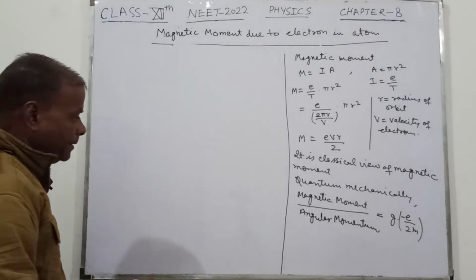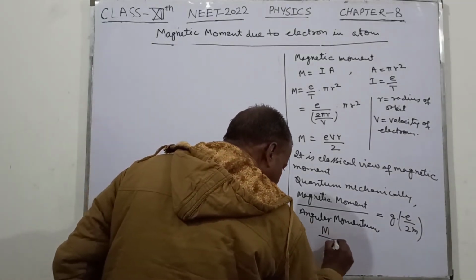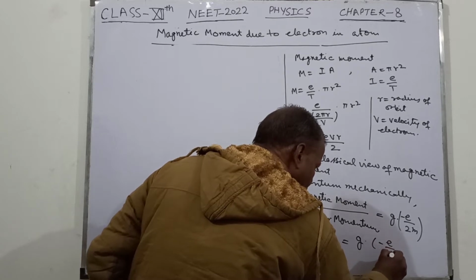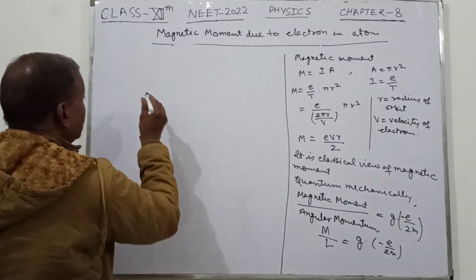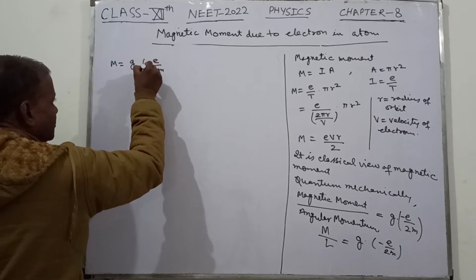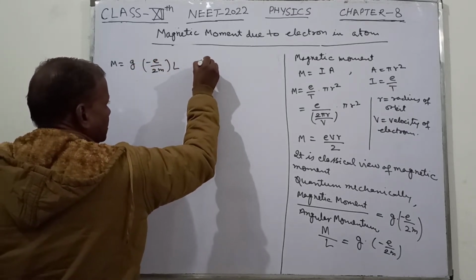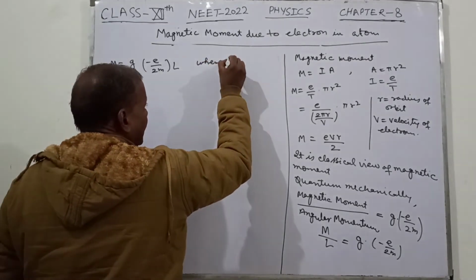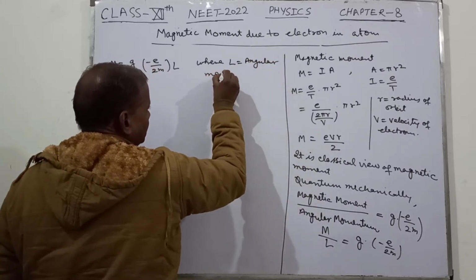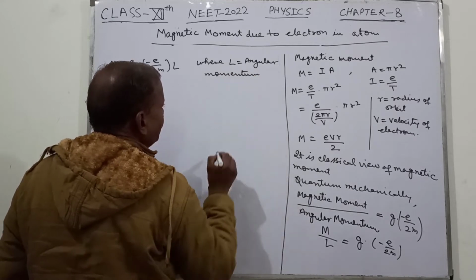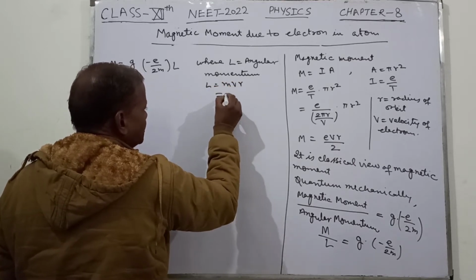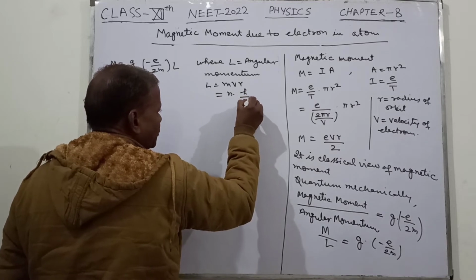Or we have the magnetic moment M upon L equal to g into minus e upon 2m, or M equals g into minus e upon 2m into L, where L is the angular momentum, and we know that L is equal to mvr, and this is equal to n into h upon 2 pi.